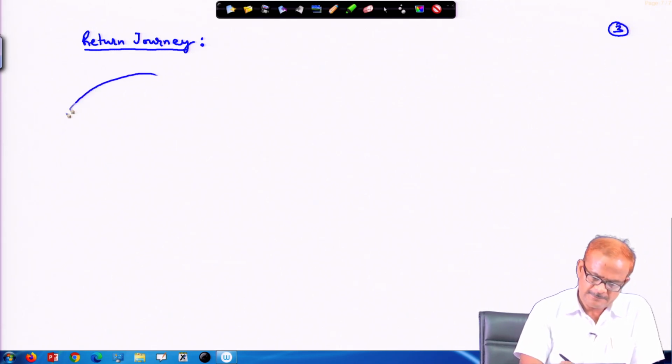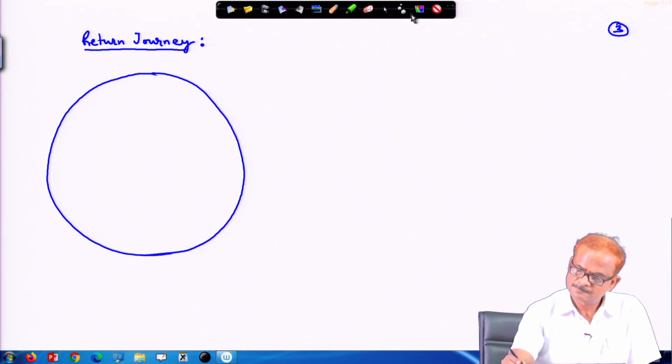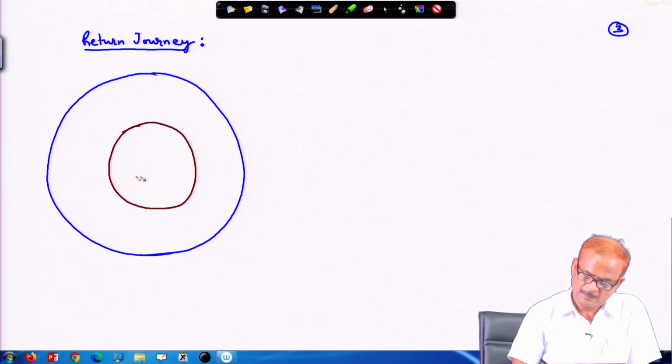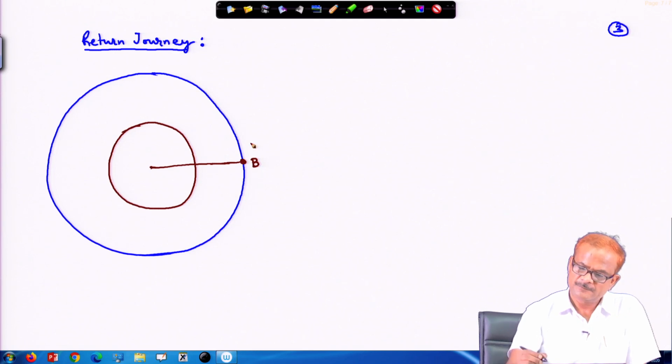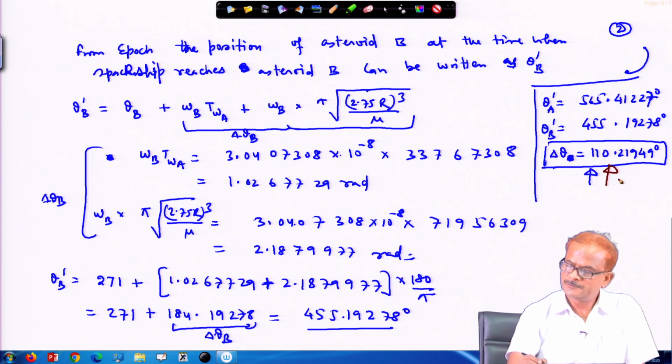In the return journey, let us say this is the position of B, and with respect to this, A is ahead by 110.219 degree.